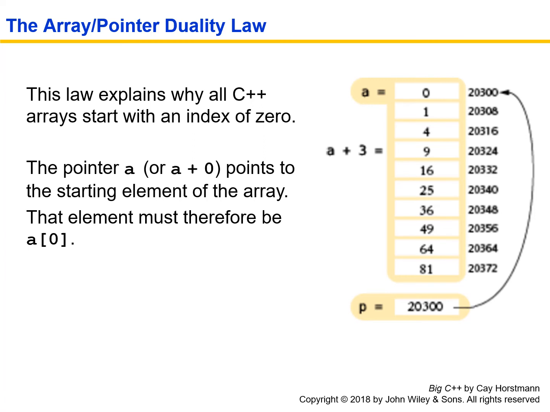Okay, the array pointer duality law explains why all C++ arrays start with an index of 0. The pointer a is the same thing as a + 0, and the same thing as a[0]. So by this logic, the first element in an array has to be addressed as or indexed as 0.